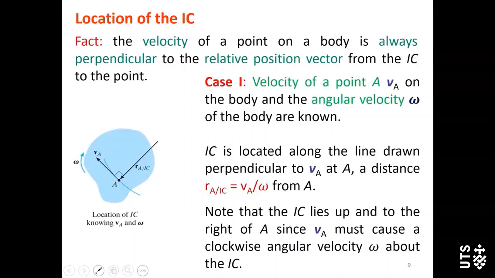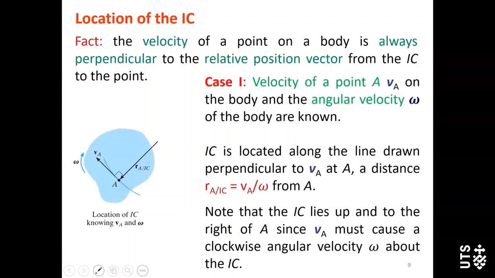We already know the IC point is the rotation axis at this instant. More accurately, the IC point is the instantaneous axis.